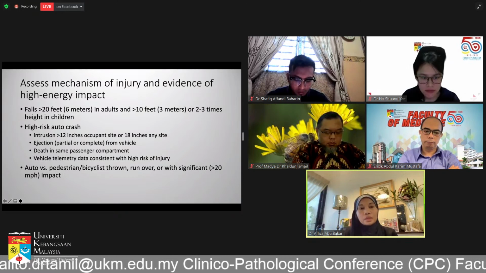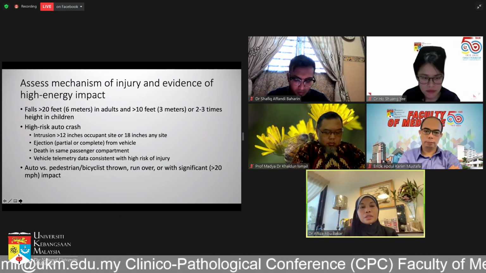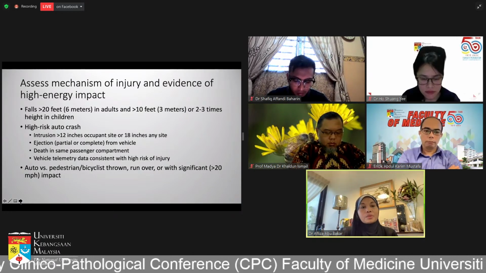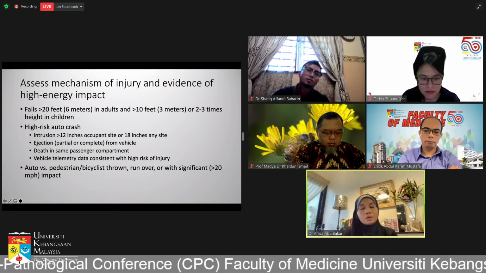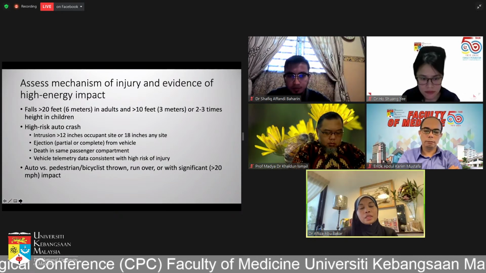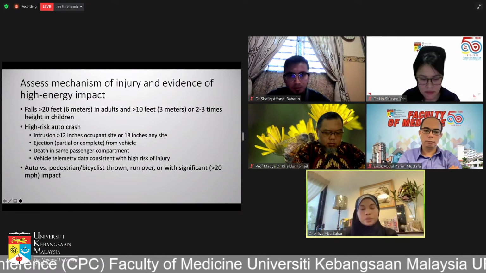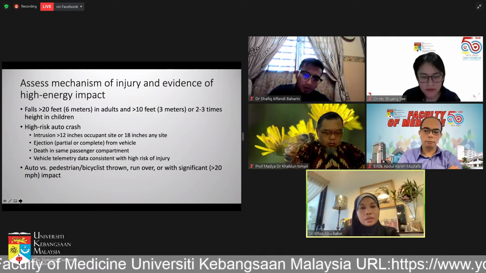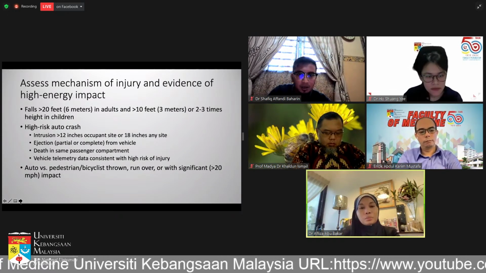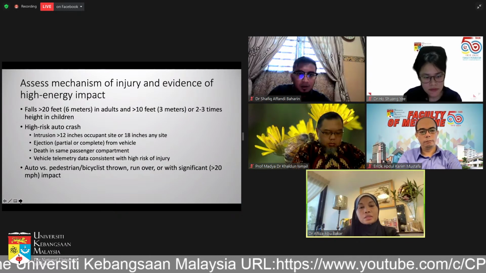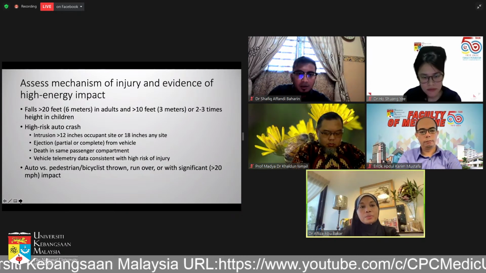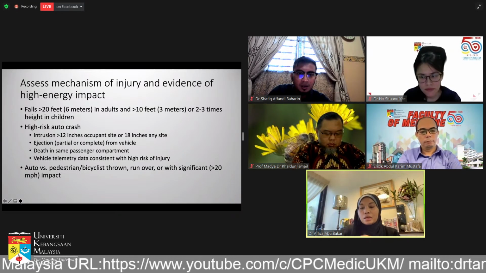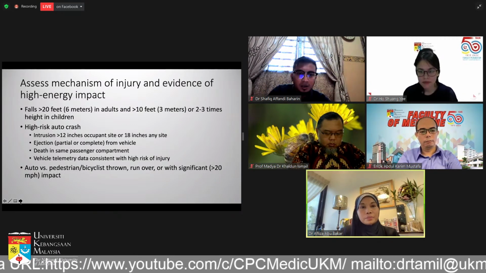A fall of more than 20 feet, or 10 feet in children, a high-risk automobile accident or motor vehicle crash where the patient is ejected out of the vehicle, intrusion into any particular occupant space, death in the same passenger compartment, or vehicle telemetry data showing a high risk of injury. Okay, automobile versus pedestrian or cyclist is also considered a high impact injury.